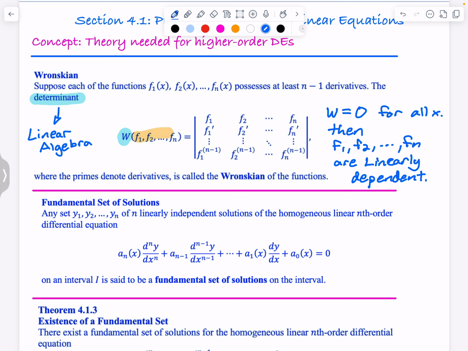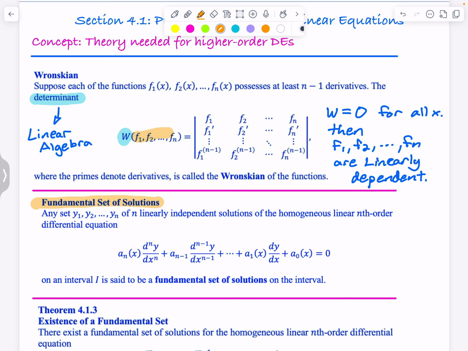Okay? So why this is important. Remember, we're talking about solutions of diffie-q's. Remember, we took a little tangent here. The fundamental set of solutions is going to be a set of solutions that become a basis, which is a term in vectors and linear algebra. But these solutions can be used to come up with every solution.